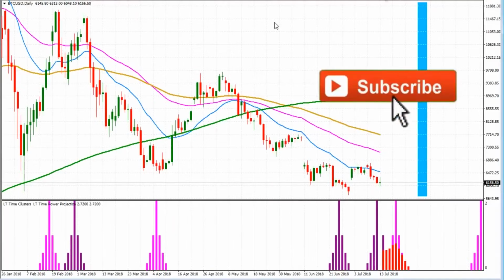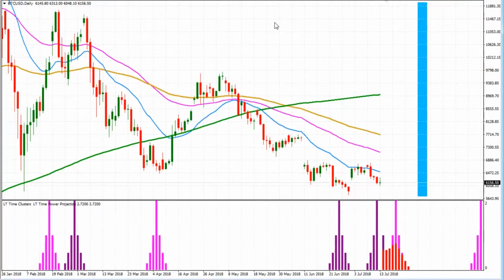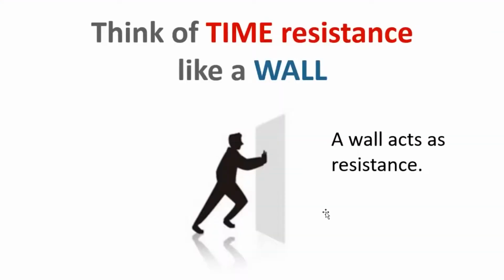Now, we don't know exactly what is going to happen in those date ranges, but I think we can have a pretty good clue that it's going to be either a major reversal or a big move, or both. Usually, when we approach these time resistance levels, like the one here, as shown by this blue rectangular area, it acts like a wall of resistance in time.